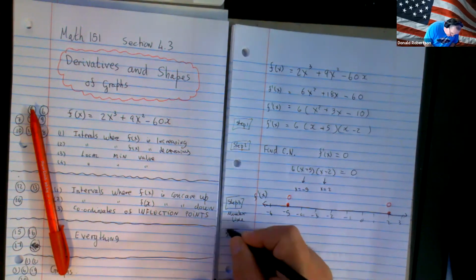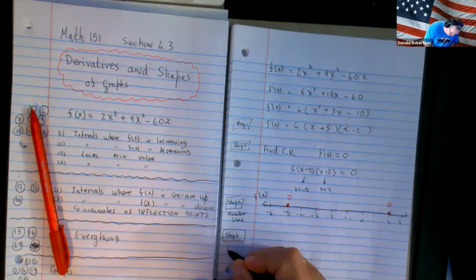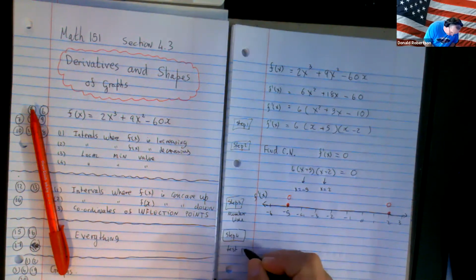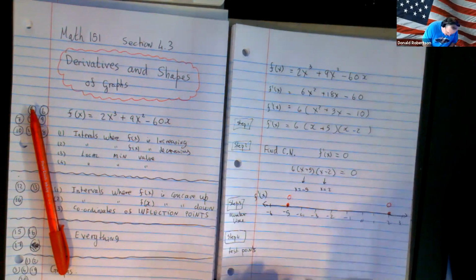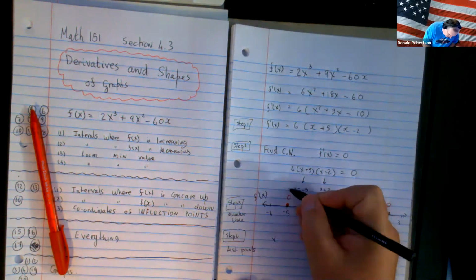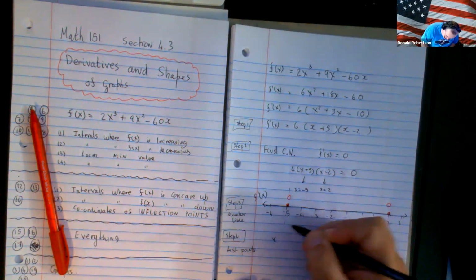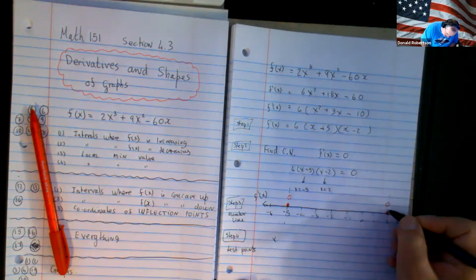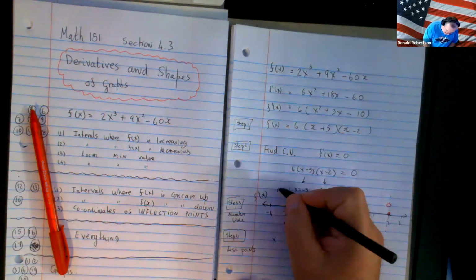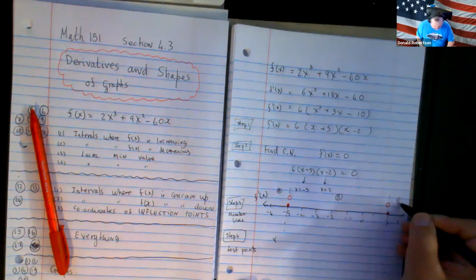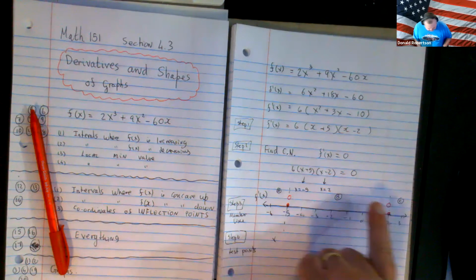Step 4 is test points. So when you find the critical numbers, can you imagine that it separates the number line like little invisible walls into three regions? I'll call this region A, this region here I'll call B, and this guy at the end I'll call C. So there are three distinct regions.